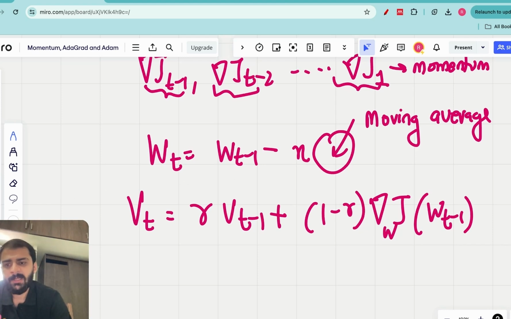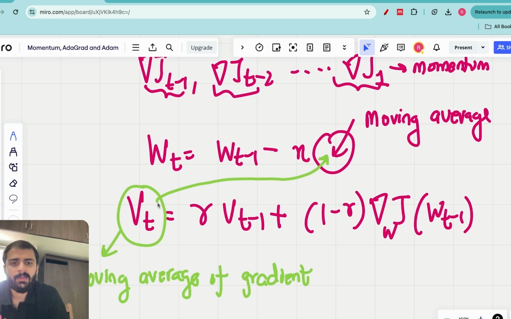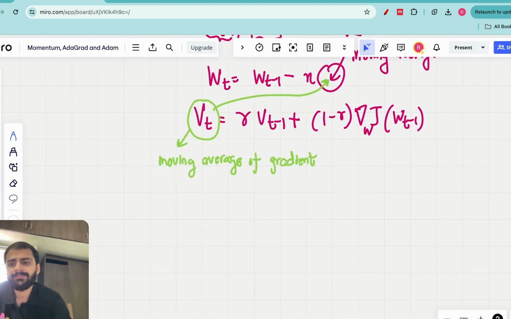So this is the moving average of the gradient, and this will be replaced over here. So then the formula for the exact update rule for the momentum looks like this.